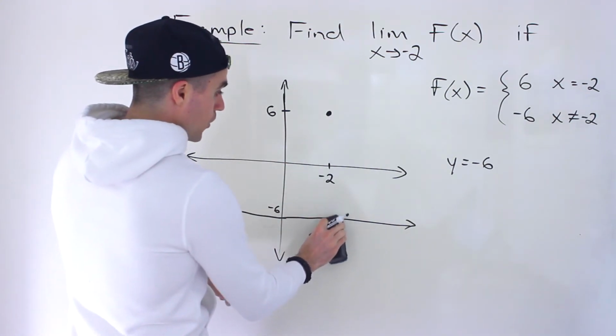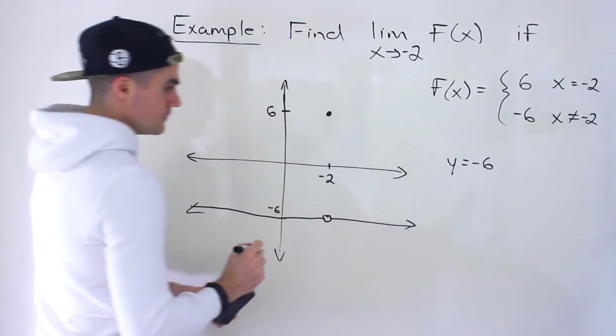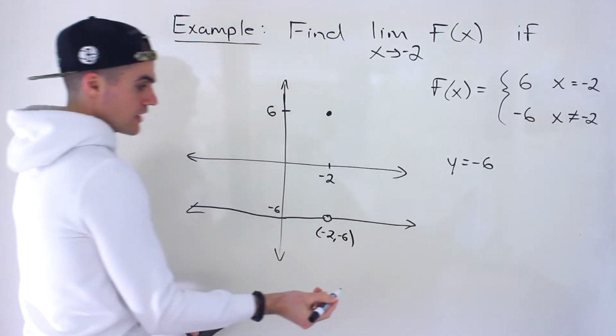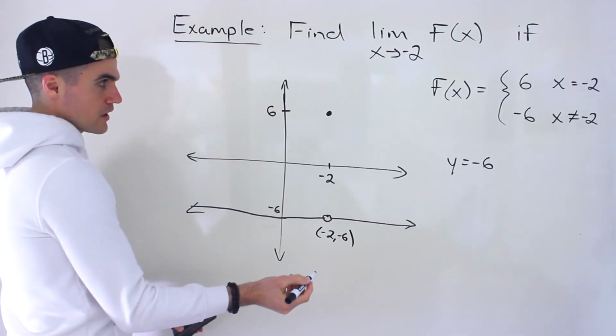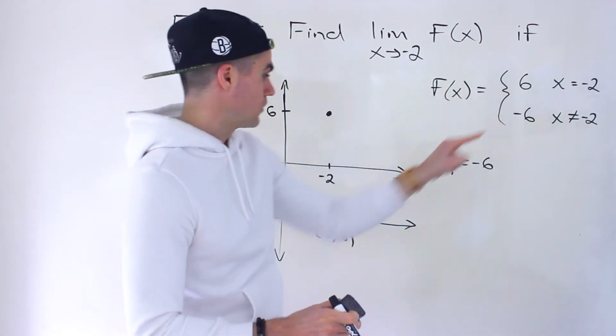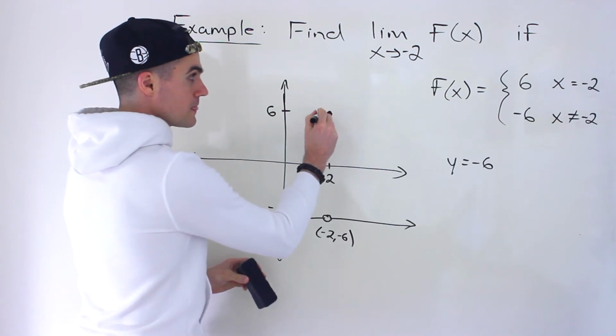Because this is a function, it's already defined at an x value of -2 with a y value of 6. That means that what? That means there's a hole right there at the coordinate -2, -6, right? So one more time, f of x is 6 when x is -2 over here, a defined point.